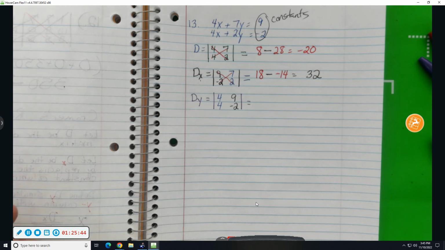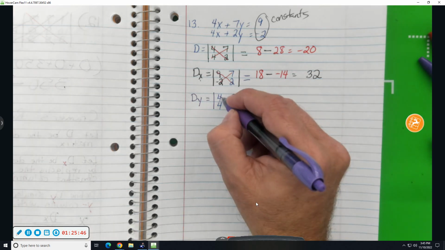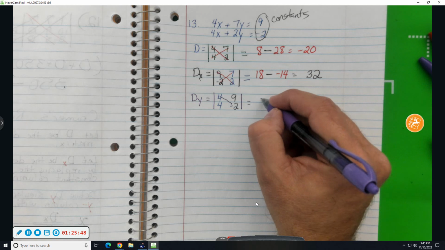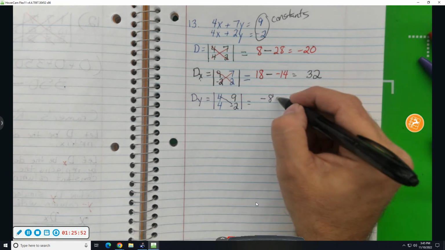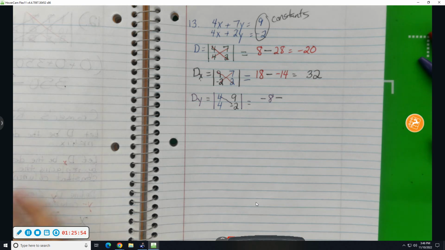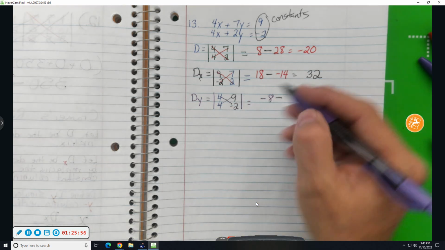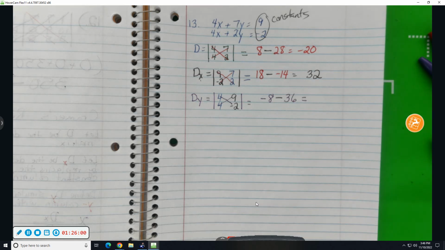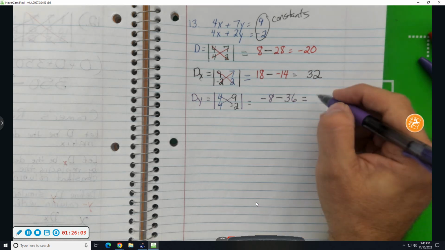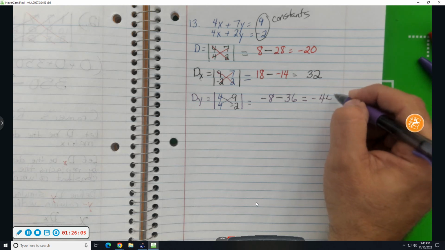So when we do the crisscross, negative 8, then a minus 36. So that equals negative 44.